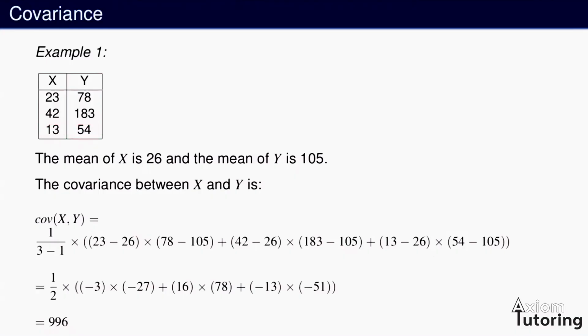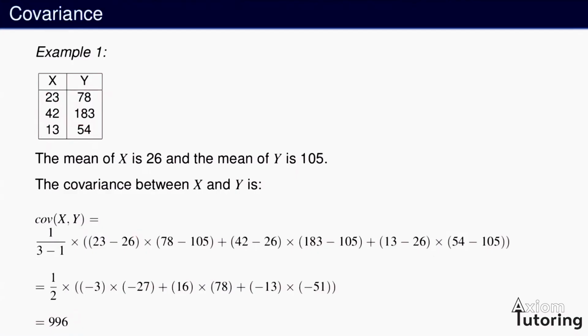And similarly, 42 is the largest value of x, and it's the largest value of y, and 23 is in the middle for x, and is also in the middle for y. Okay, so in this case, it seems like the x and y covary positively. And this is what is expressed here, because we can see that the final number that we get when we calculate the covariance is positive.